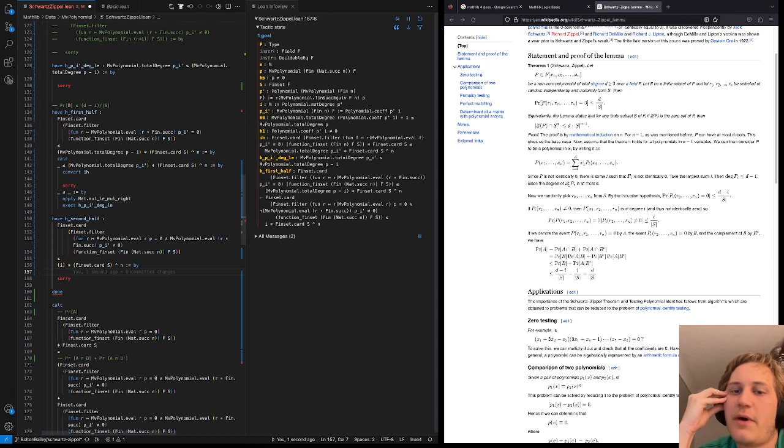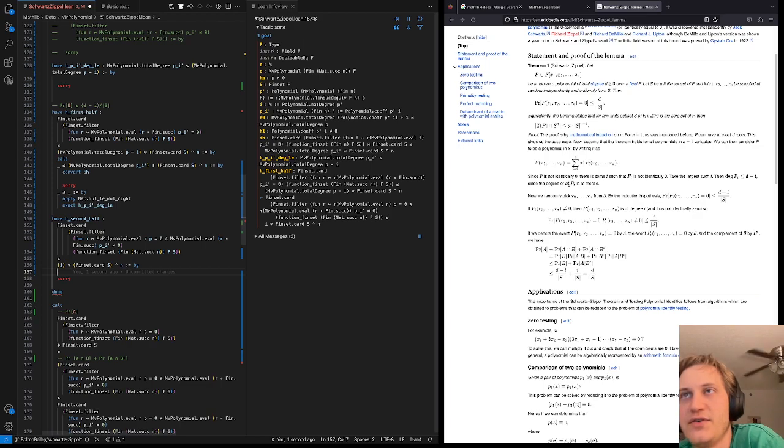Do we apply the induction hypothesis twice? I think, okay, no, I think this is just an application of the fact that univariate polynomials have at most degree many roots. That's all that's saying, right?